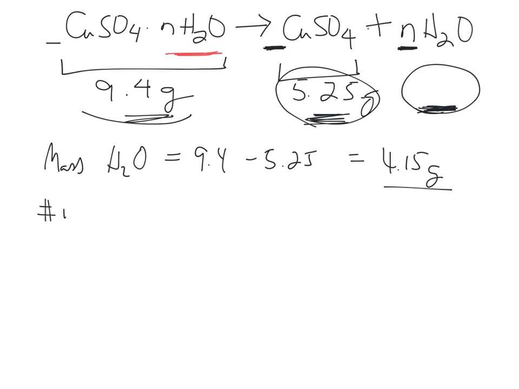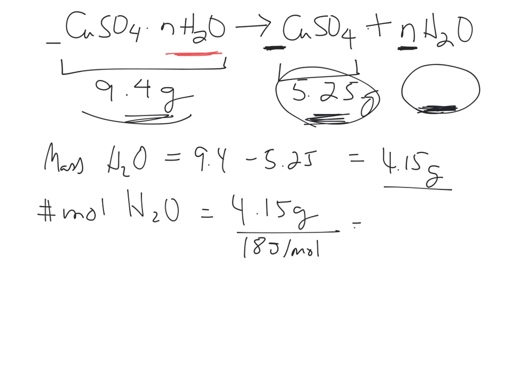Number of moles now of water I can calculate. If I have a mass of 4.15 grams, number of moles would just be divided by the molar mass of water, which is 18. And that gives me 0.2305 moles of water.